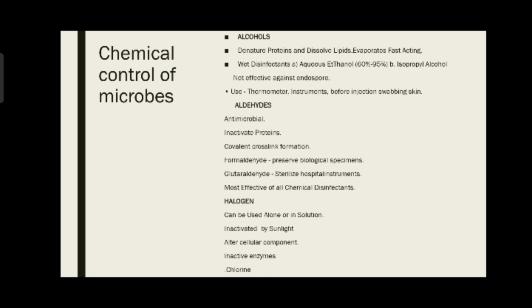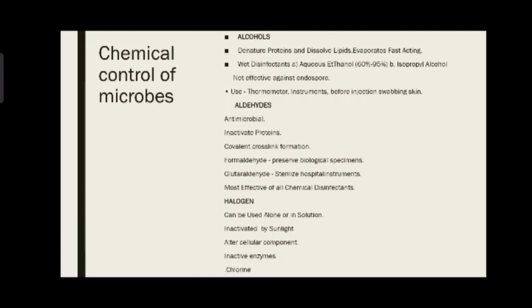First is alcohols. Alcoholic compounds like ethanol and isopropanol, and some other alcohols, are widely used as disinfectants. They act by denaturing proteins and disrupting cell membranes. Next is aldehydes. They include some of the most effective disinfectants.